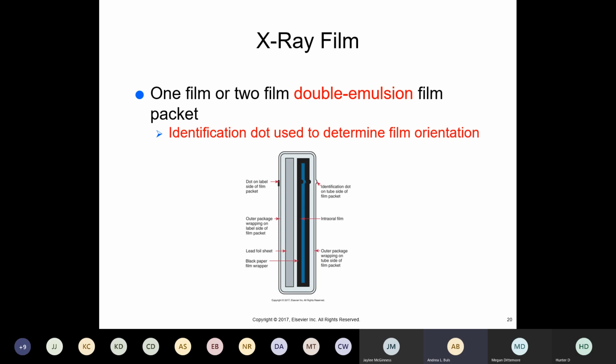There's an identification dot on the actual film package. And if you look at this image on page 63, it's much bigger than it is on my PowerPoint. The identification dot is on the tube side of the film packet.